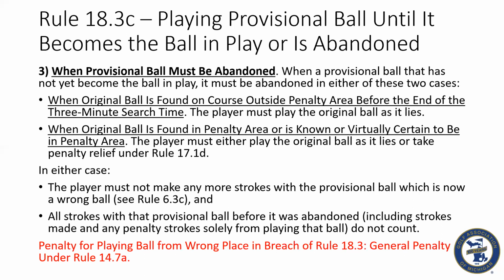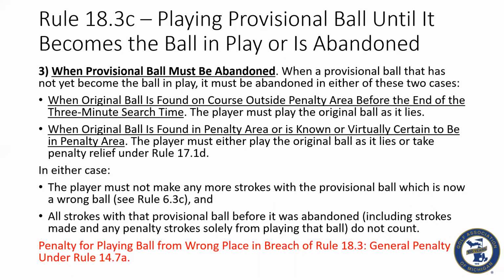And then again, if we do play a wrong ball or from a wrong place here, we're going to have that 2-stroke penalty, which I think every rules school I've gone to, they've had this question, a similar question where the player plays another ball under stroke and distance, either they find their ball or they go up and pick up their original, one that they played under stroke and distance, and then drop from the penalty area, and then you have to figure out how many strokes they made, and it ends up being like 11 or 12 or 9 or some big number.